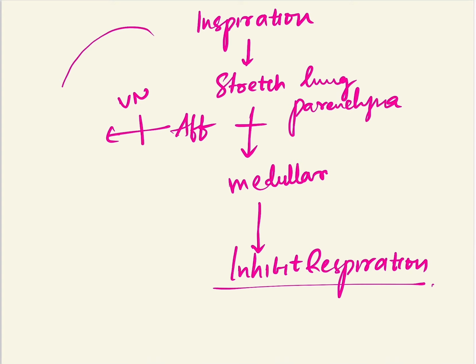This stretching is detected by the stretch receptors present, and they send afferent impulses via the vagus nerve to the medulla. So in the medulla we have inspiratory centers. These inspiratory centers will inhibit the respiration. This is a simple flow chart about the role of the vagus nerve in regulating the respiration.